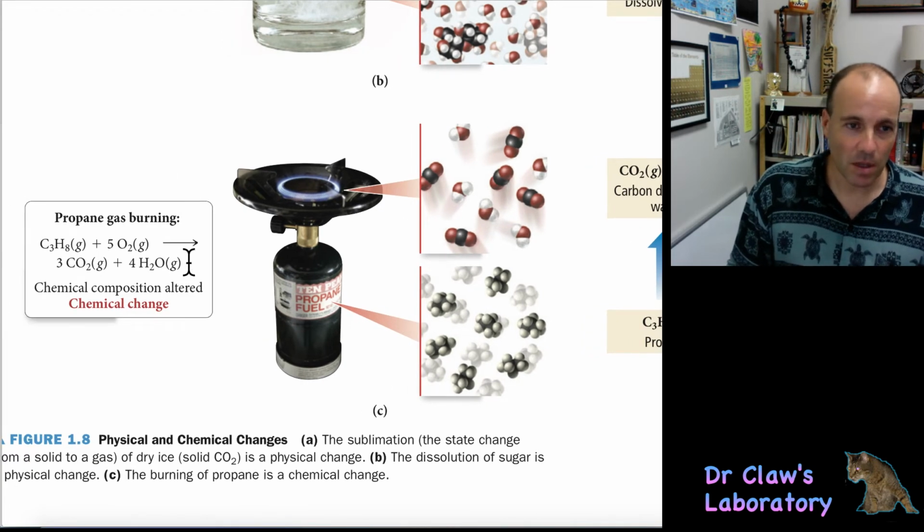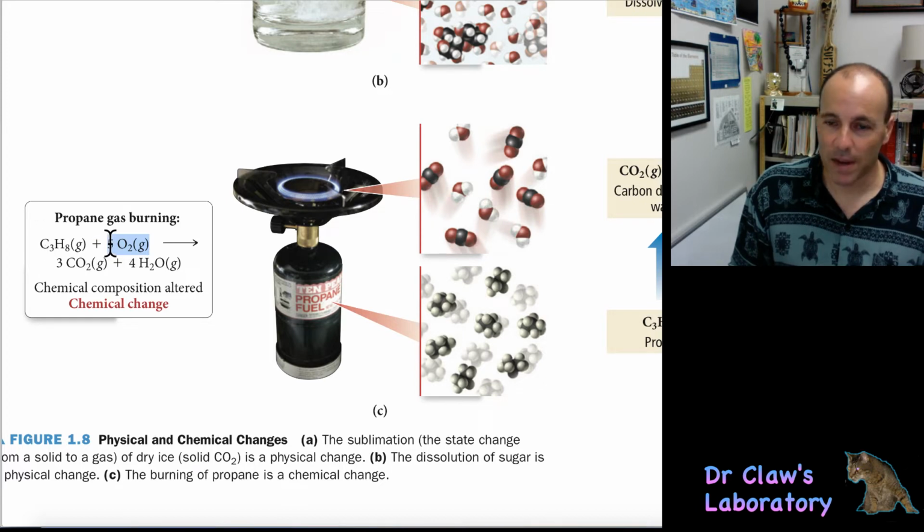So here's the chemical equation for the propane gas burning. You have propane, which is C3H8 gas. You combine that with oxygen gas. Don't worry about this 5 here for now.